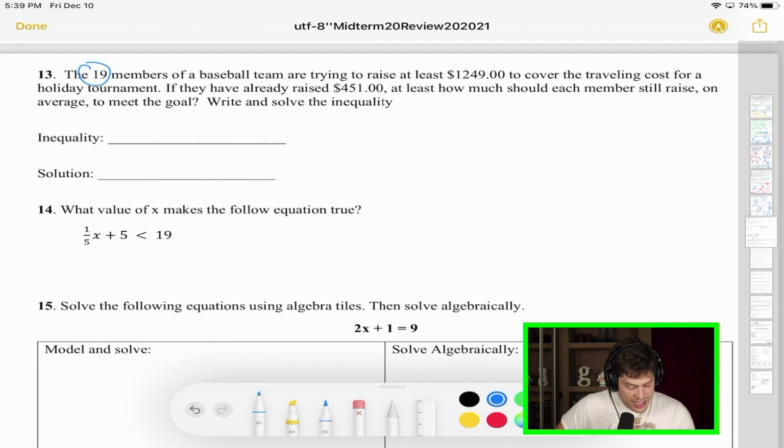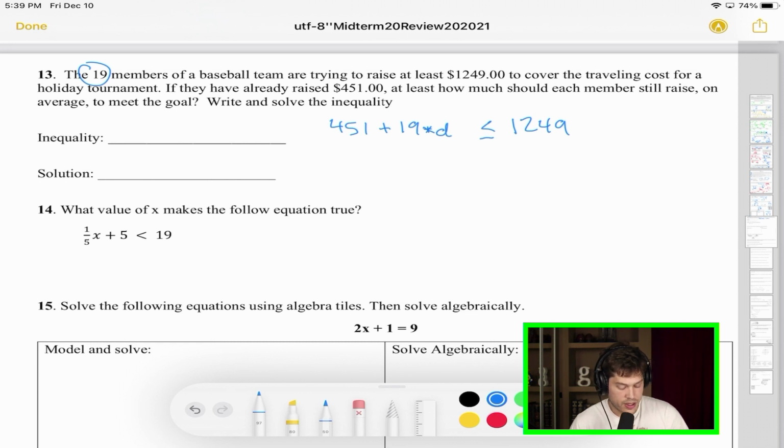They need to raise a total of $1,249, so what they raise needs to be greater than or equal to that. They have already raised $451, but there's 19 of them, and they each need to raise how much more. So 19 teammates times D, the number of dollars they need to reach their goal. This would be our inequality.